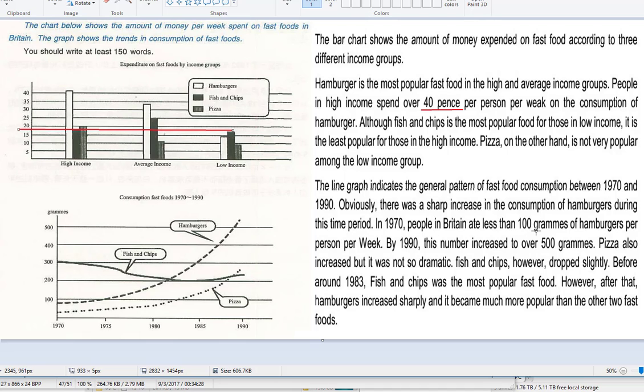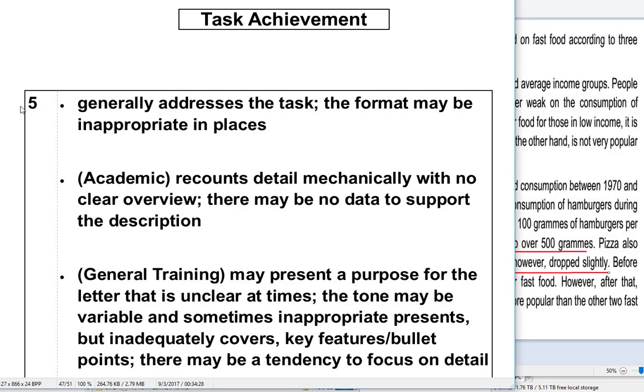So it went from 100 grams to over 500 grams. I don't know why this is over 3 sentences. You just need 1 sentence to tell us this. Pizza also increased, but it was not so dramatic. Fish and chips already dropped slightly. Where are the numbers? No numbers. Okay, so task achievement 5.